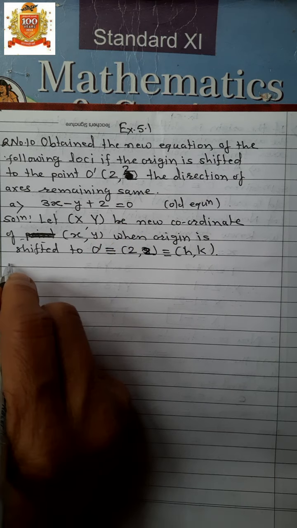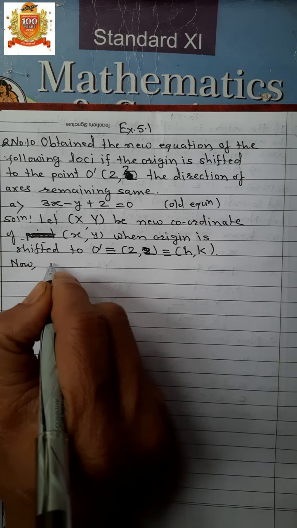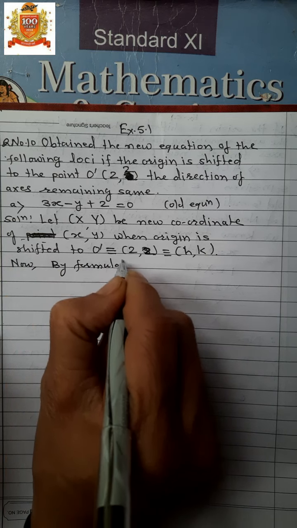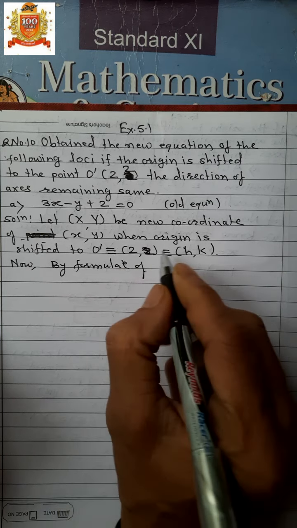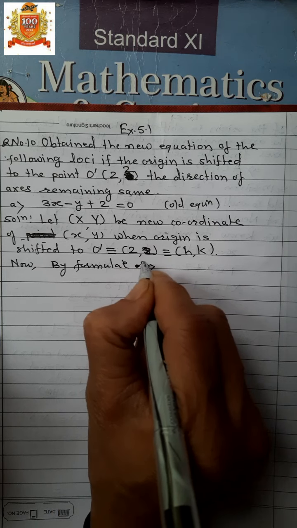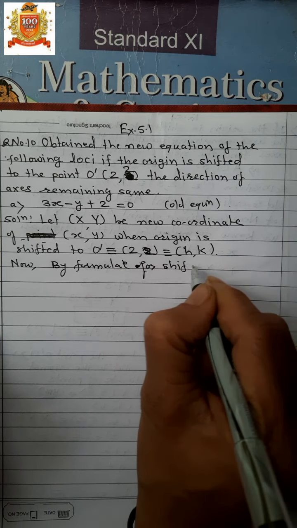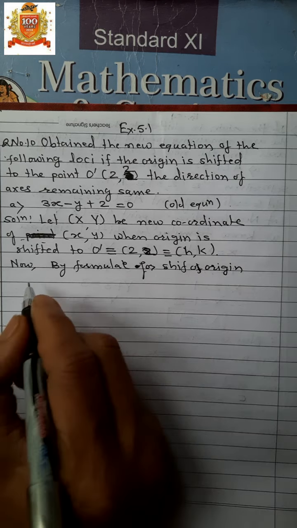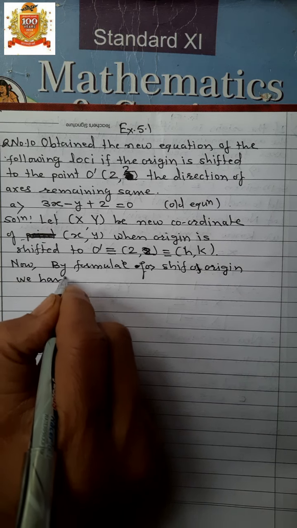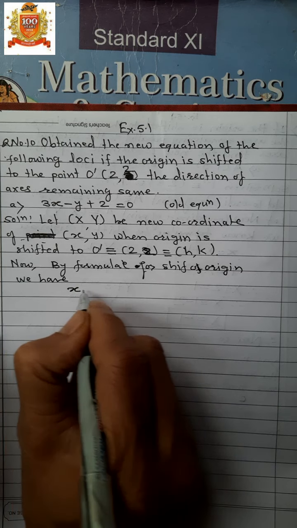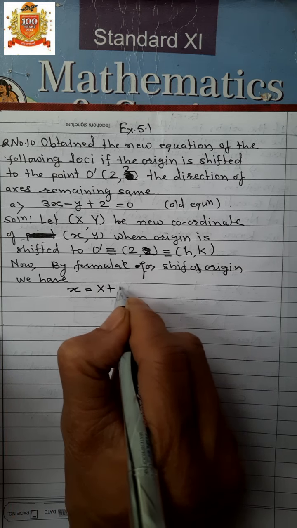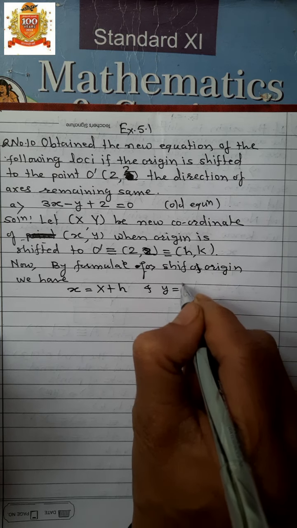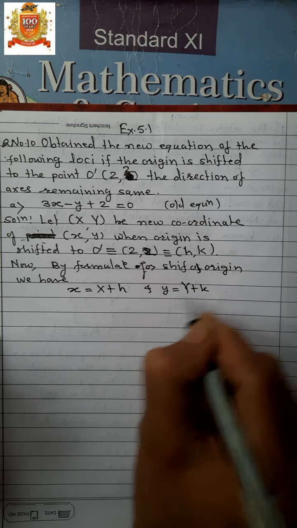Now by the formulae for shift of origin, we have small x is equal to capital X plus h and small y is equal to capital Y plus k.